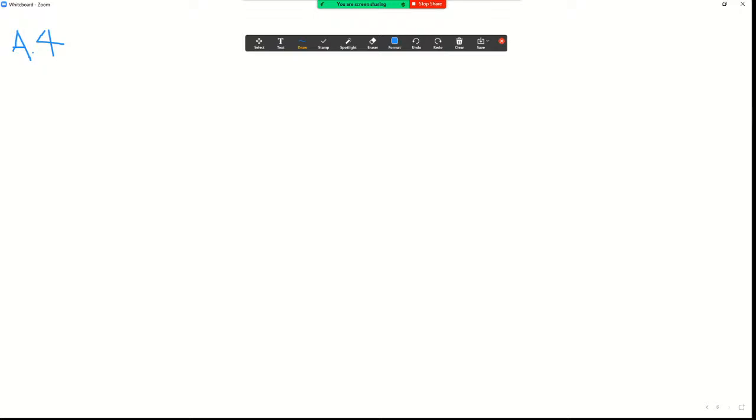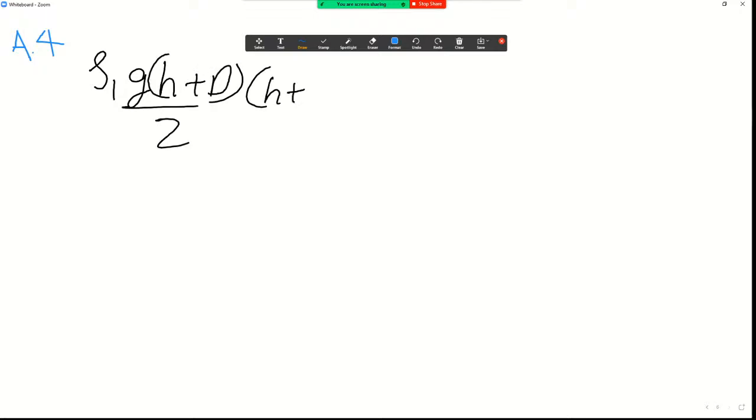Okay, for part x0, we can directly do rho 1 times g times (h plus d) by 2, into (h plus d) by d, into L. This is F at 0.